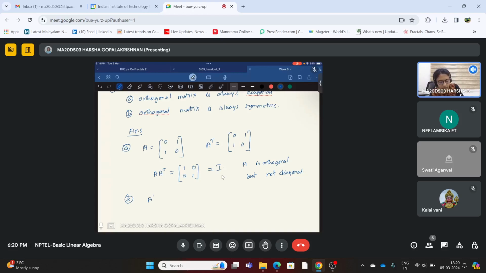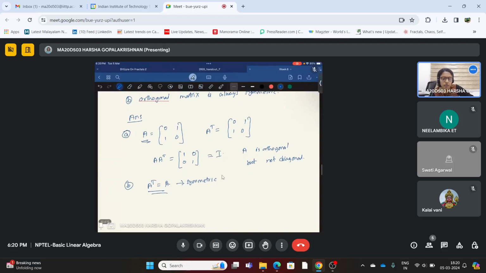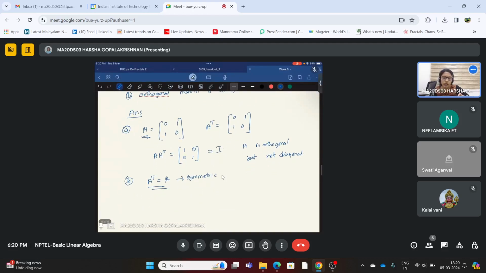Symmetric means A transpose should be equal to A. We need a matrix A that does not satisfy this condition but is orthogonal. I can give a hint: just modify the above A such that it is not symmetric. Just think for 1 or 2 minutes. If you are not able to find it, I'll tell.